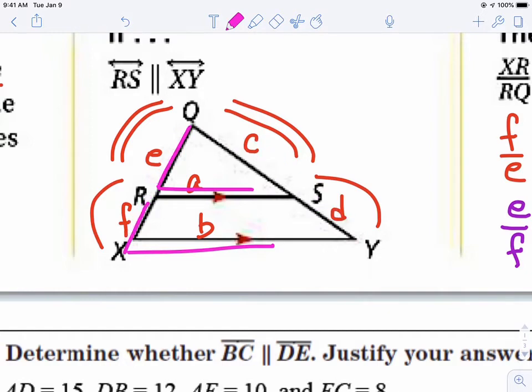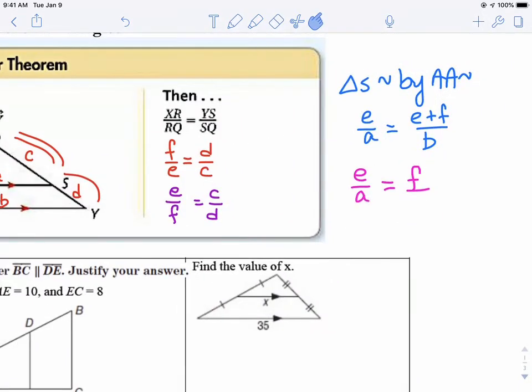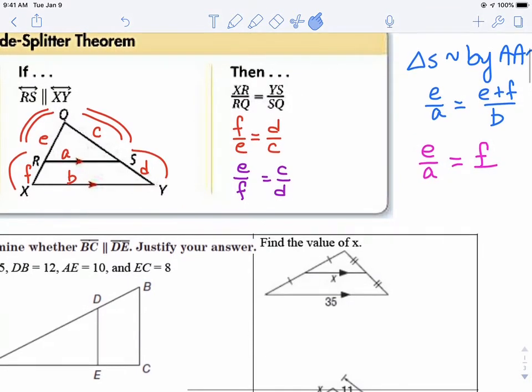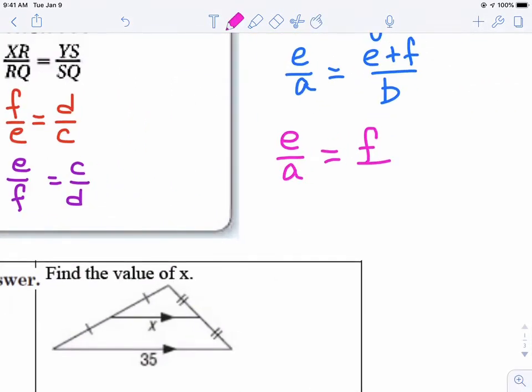If you're using the bottom segments here, those are sides of triangles, and F is not a side of a triangle. Okay, so E over A and then F over B, or any such equivalent proportion, does not work because F is not a side of a triangle.